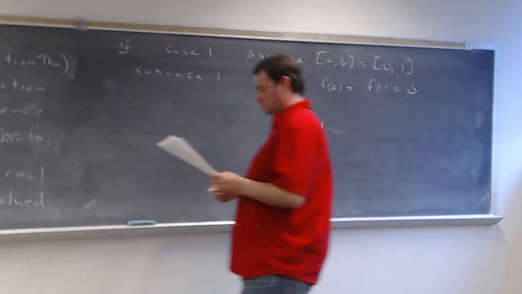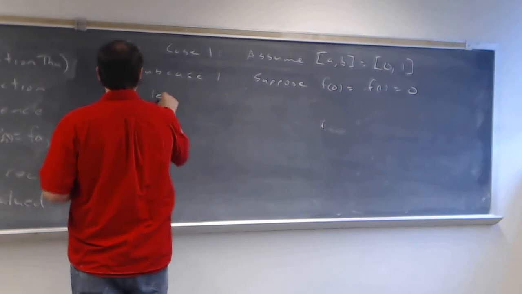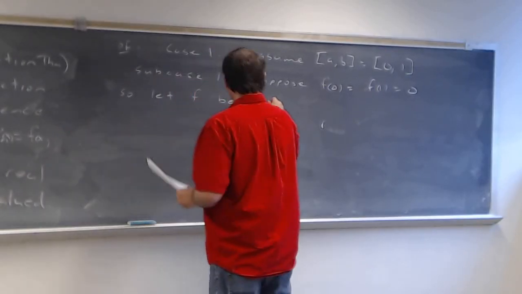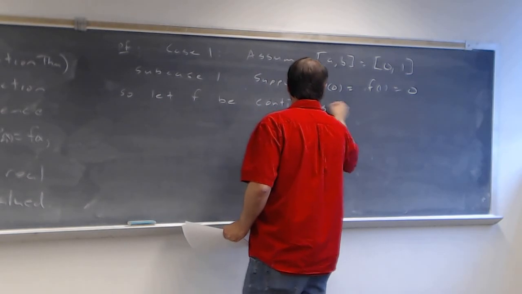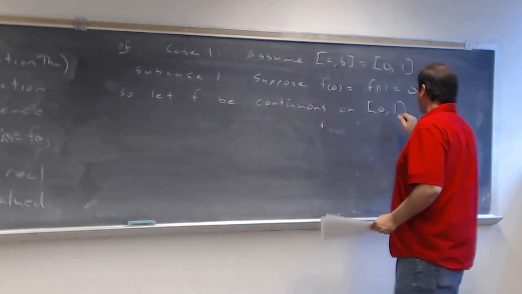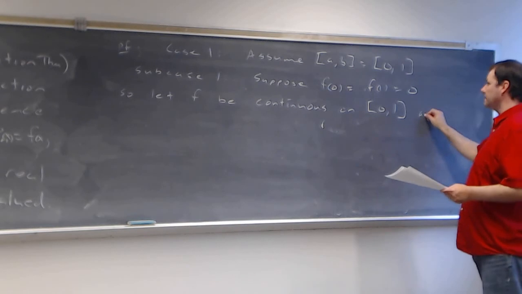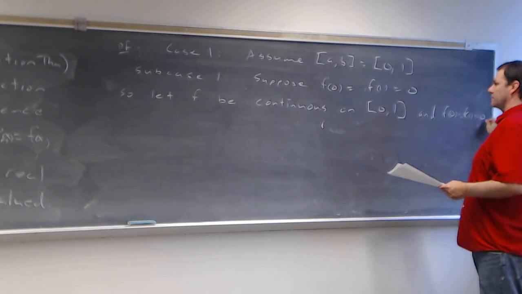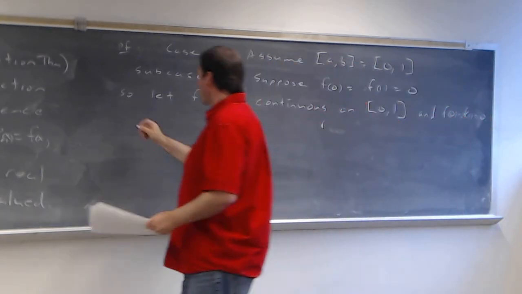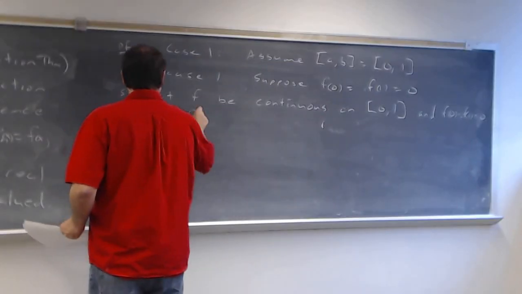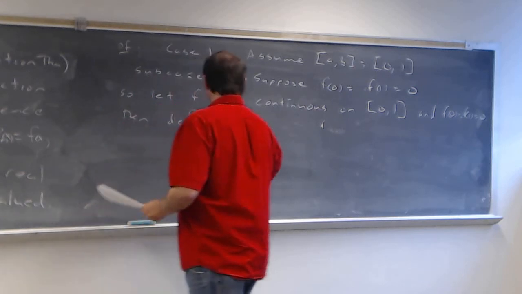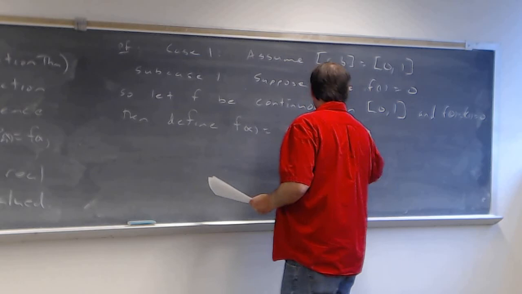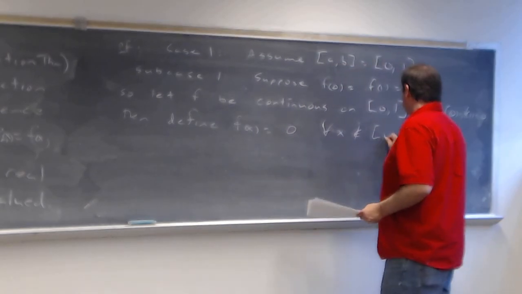So we're going to start off by letting, in this subcase, f be continuous on 0 to 1, and f of 0 equals f of 1 equals 0. Then we're going to define f of x to be equal to 0 for all x that is not in 0 to 1.